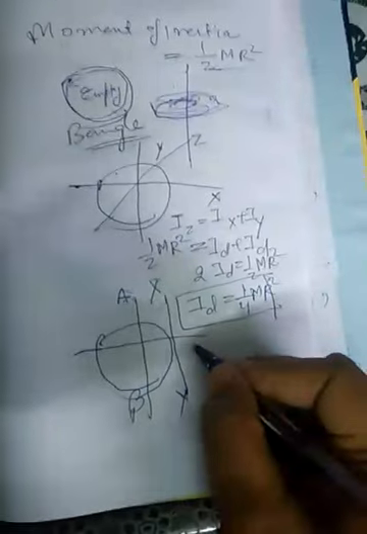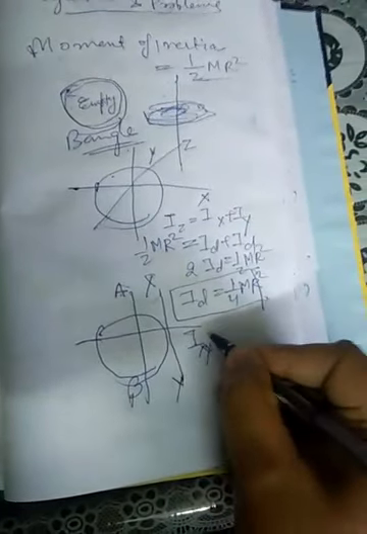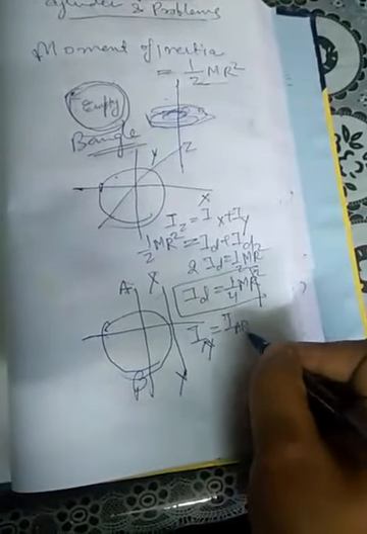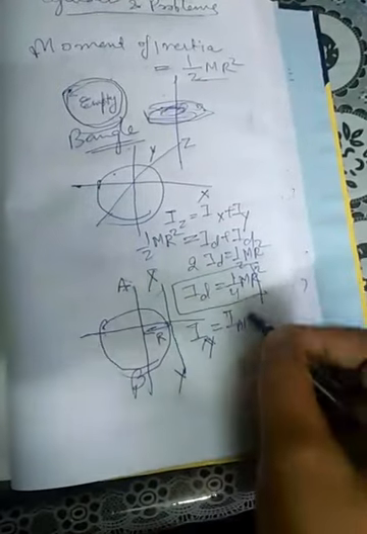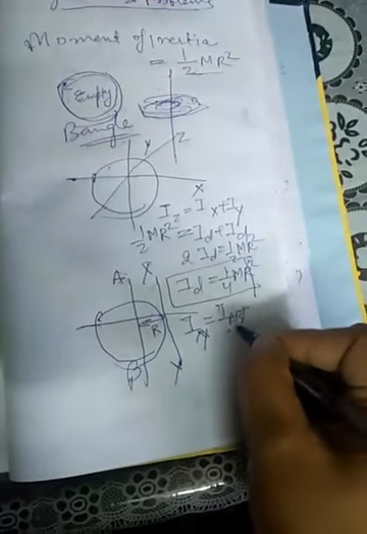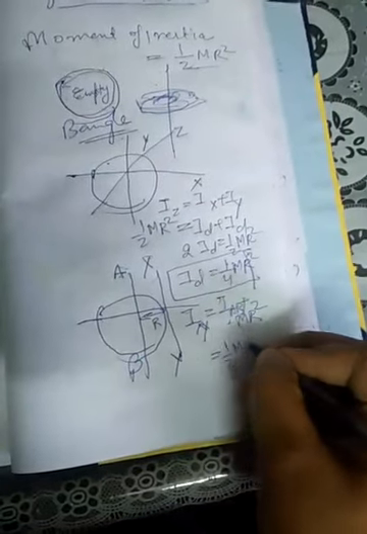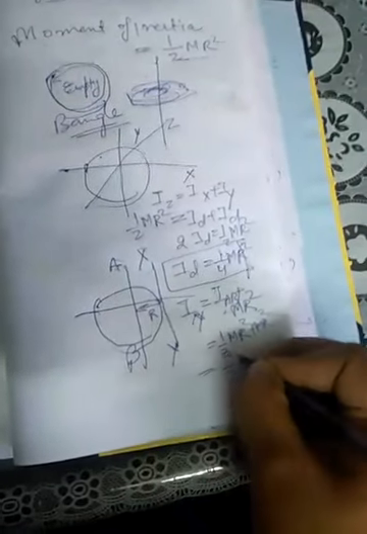Now we have to find the moment of inertia along the xy line. That will be equal to the moment of inertia of AB plus, let us say the distance between them is r, MR square. The moment of inertia along AB we already know is half MR square, plus MR square. So that means 3 by 2 MR square.